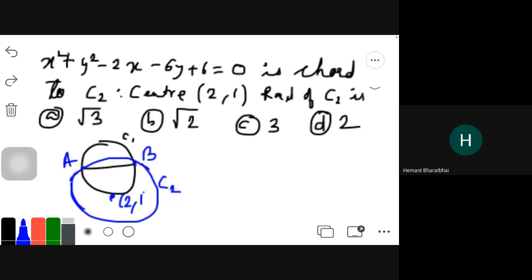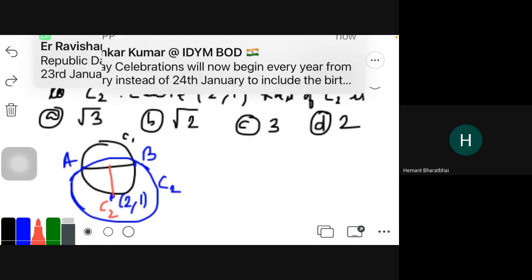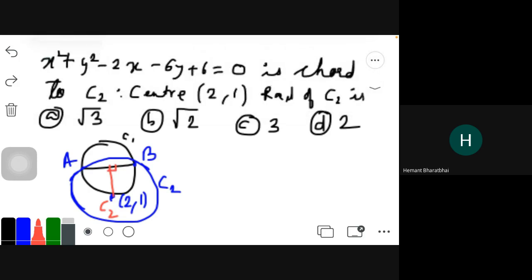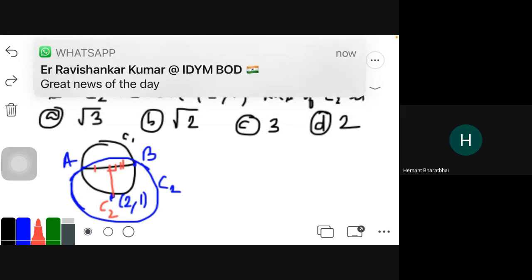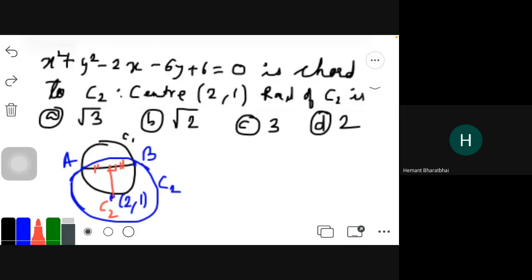So we know this theorem we have used previously also in one of the numericals. If I draw the perpendicular to a chord from the center of the circle, it bisects the chord. So this is nothing but going to become the radius, and this radius I have to find out. So how can I find out the radius of the circle?